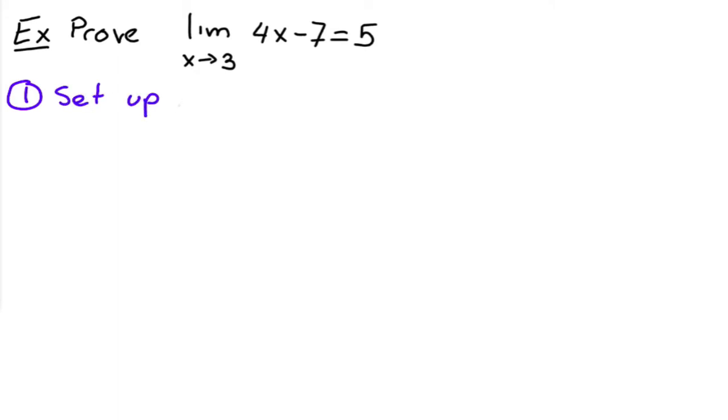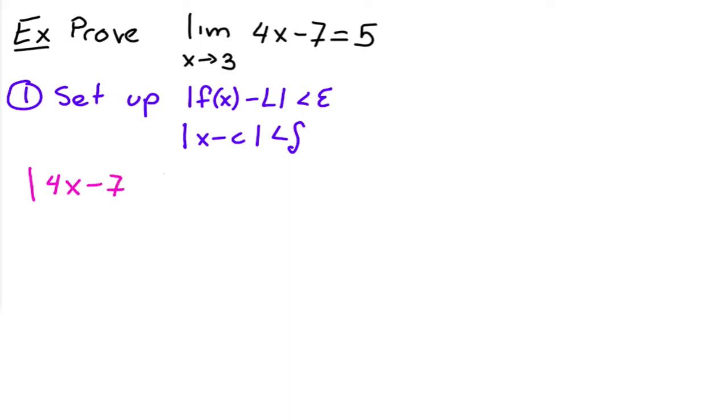So you want to set up |f(x) − L| < epsilon, and |x − c| < delta. Okay, so let's do that. We want |4x − 7 − L|, so minus 5, to be less than epsilon.